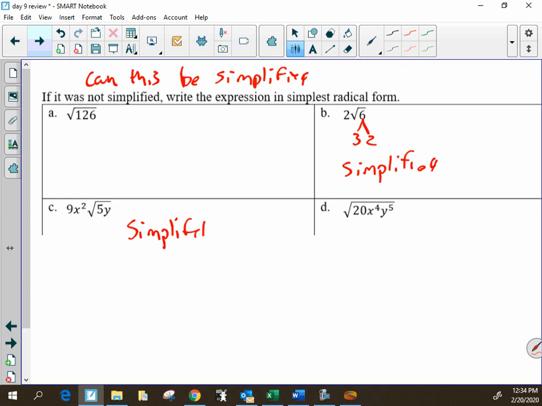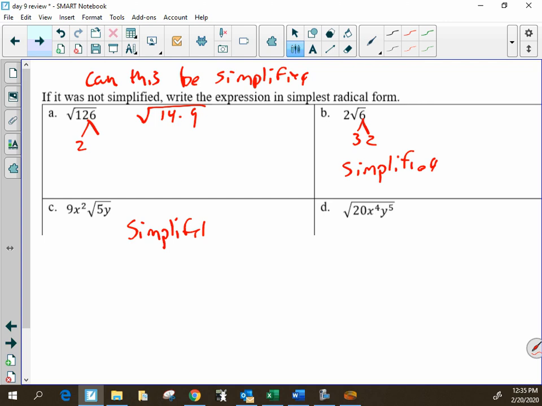But here, if I break this out, there's 2 ways to do this. I can either do this as the square root of, well, let's do this way. This is the square root of 14 and 9, I believe. Let me double check my math there. Yes.